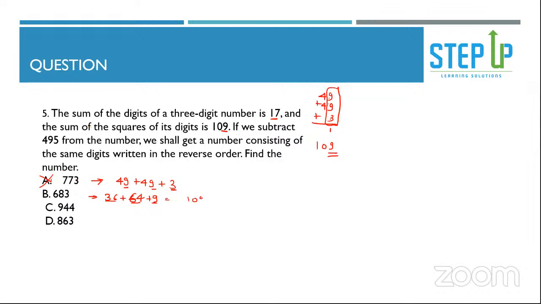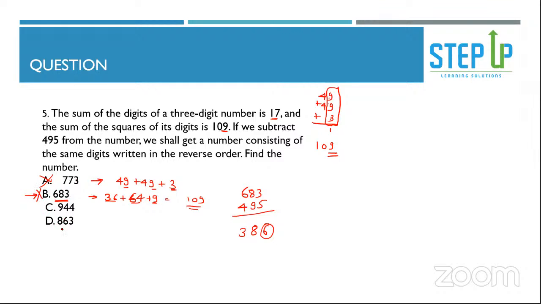Now the next condition: if we subtract 495 from this number, we shall get the number consisting of the same digits in reverse order. So if it is 683, we should get 386. Are we getting 386? 13 minus 5 will not give you 6 at the unit place. So this option also got eliminated.